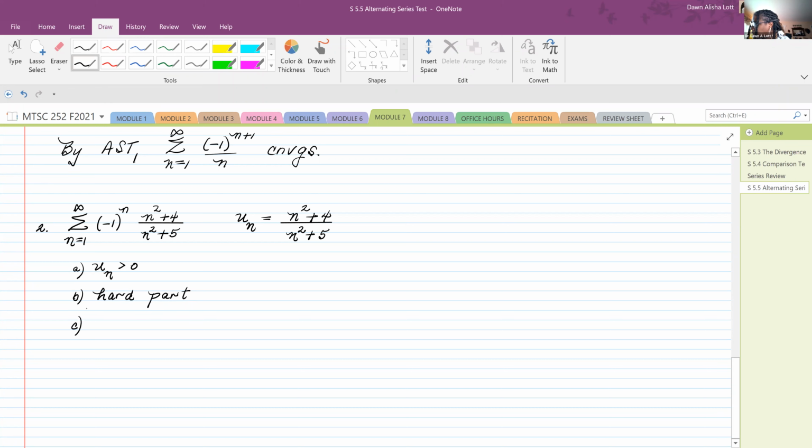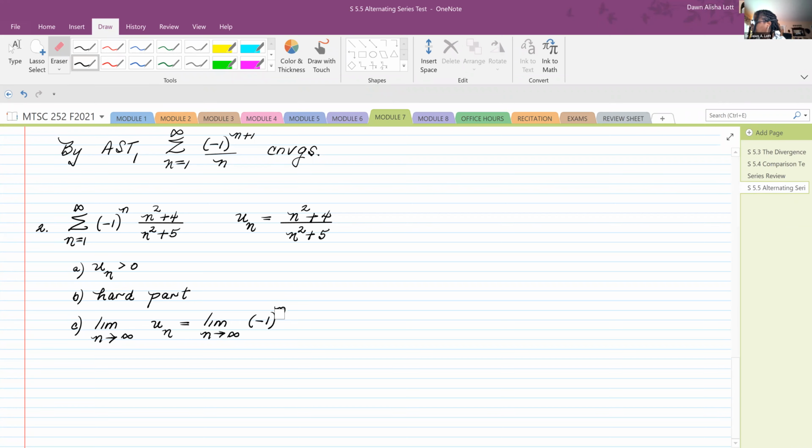C is easy. If I look at the limit as n approaches infinity of U_n, not U to the n, I'm sorry, U_n, that's the limit as n approaches infinity of -1 to the n.